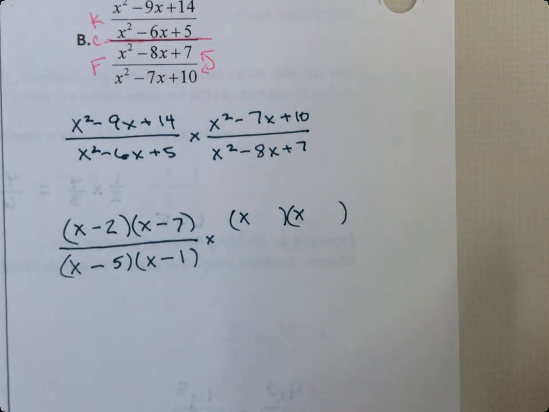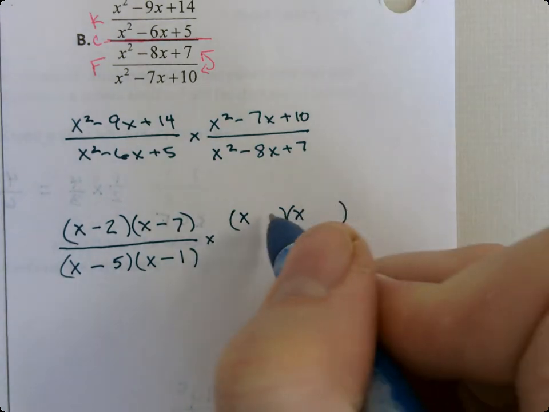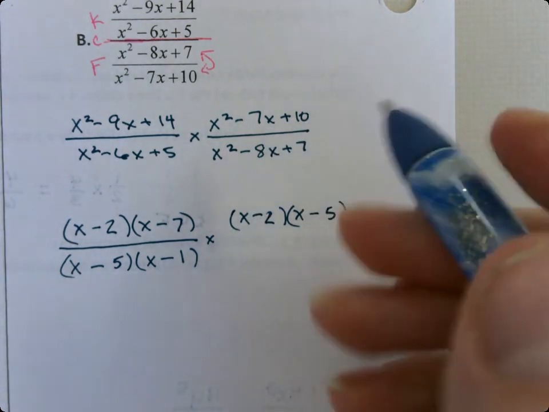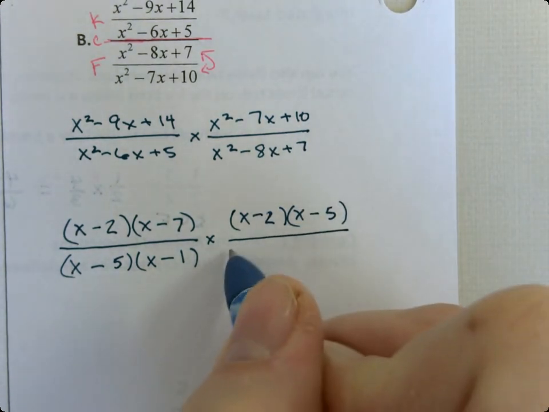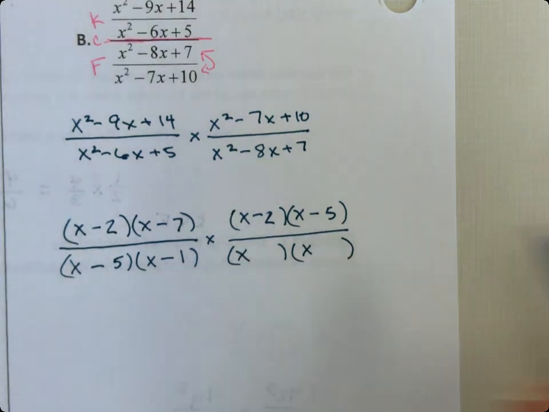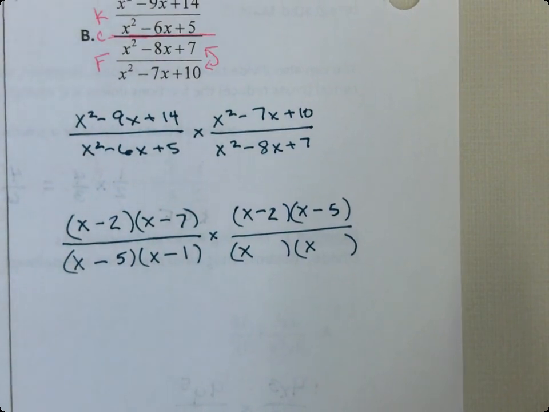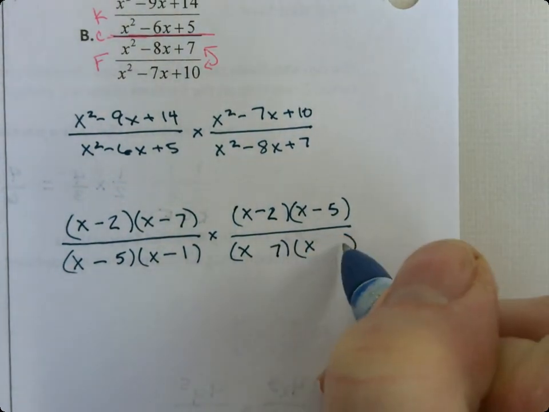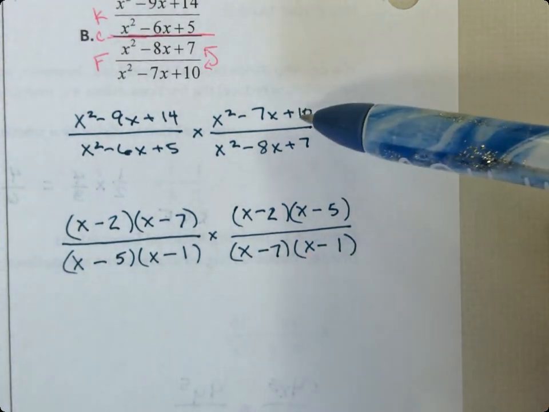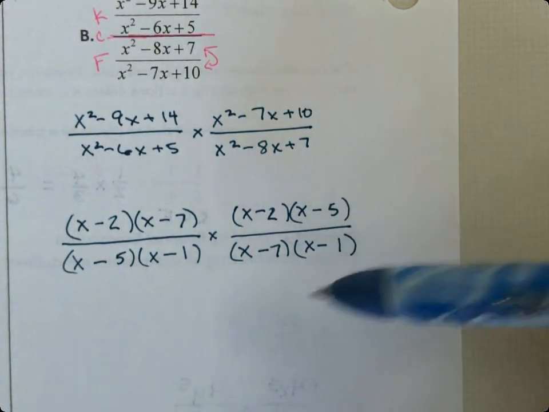I was thinking 2 and 5. Okay, what kind of signs? 2 negatives because they have to add up. All right, how about the denominator? X times x. The only things that multiply to 7 are 7 and 1. Okay, what kind of signs? Yeah, these all had to multiply to positive to add up to negative, so we needed 2 negative signs.